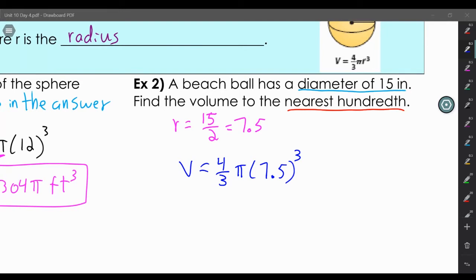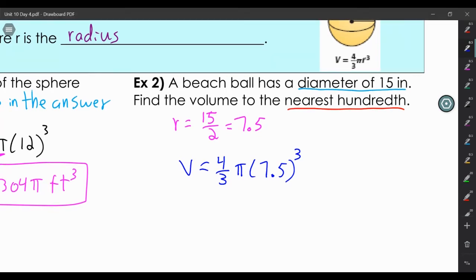So 4/3 times pi times 7.5 to the third power. And we get 1,767.14.